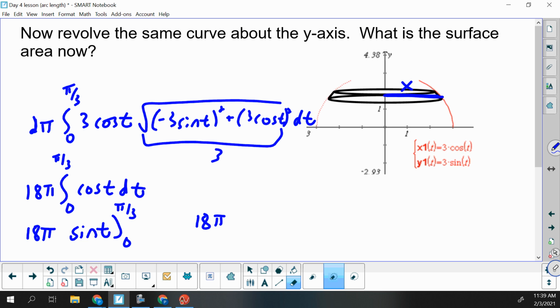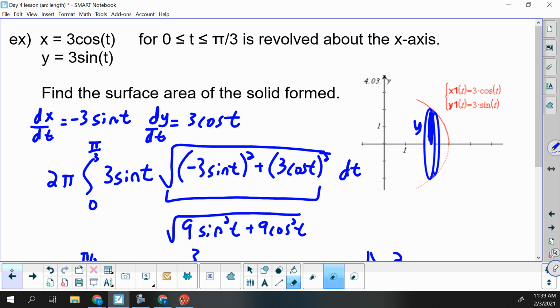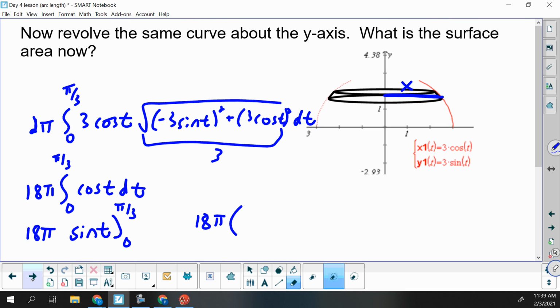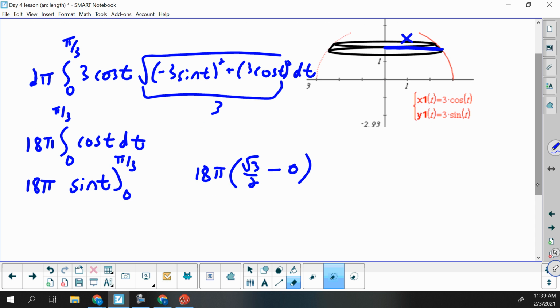So this is 18 pi times sine of pi over 3 from our triangle a second ago. Sine would be square root of 3 over 2, minus sine of 0, which is 0. So if we multiply the 18 pi, we'll just get 9 radical 3 pi.